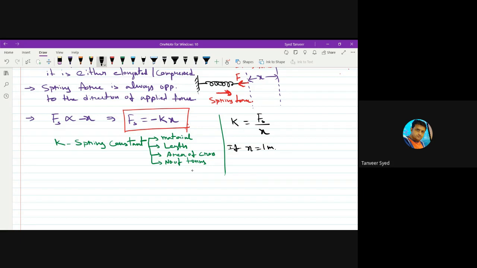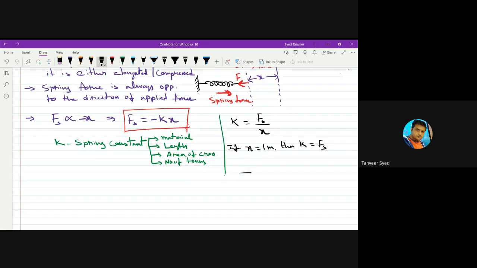If I make the value of x equal to 1 meter, measured in meters, then what is K? It is equal to the spring force. That means we can define the spring constant as the force required to elongate or compress a spring by unit length.